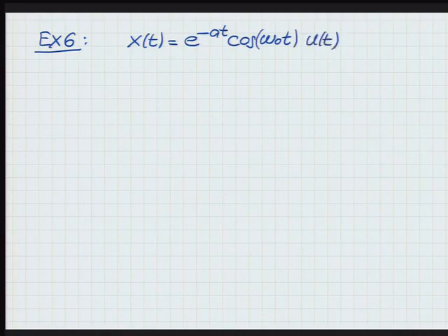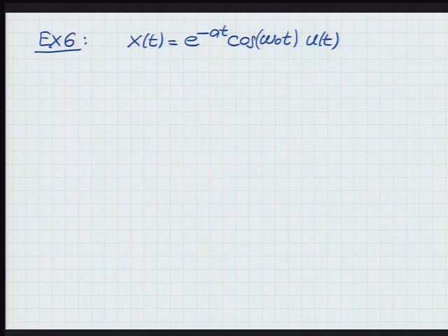Now we have an exponential factor. Cosine, let's imagine a being positive, keeps oscillating, but we have now given it an envelope that decays if a is positive, or grows if a is negative. So that will, of course, change the nature of things a little bit. But again, the ideas are very similar.